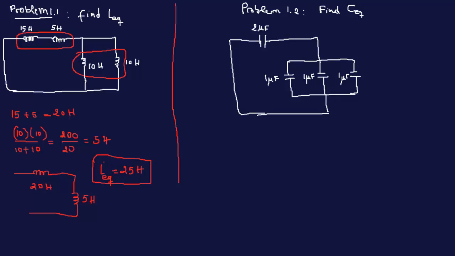Okay, all right, so moving on to capacitors. Problem 1.2, find the equivalent capacitance. So these three are in parallel. Remember, capacitors and resistors are opposite when it comes to finding the equivalent capacitance or resistance.